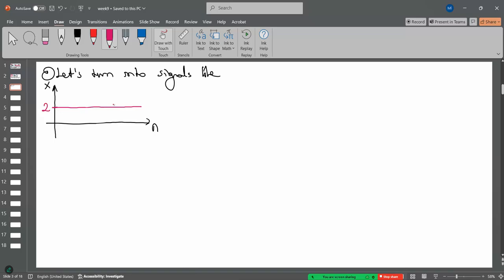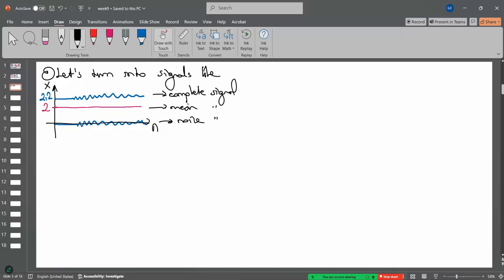The main part is given here, but maybe we have to add noise to these signals, just like this one. This is around 2.2, but this is the mean value and this is also the noisy part. So this signal is the complete signal, this signal is the mean of this signal, and this is the noisy part, or unwanted part, which we call the noise.